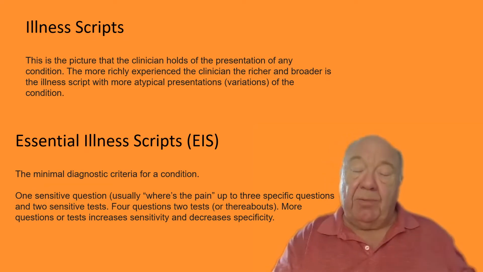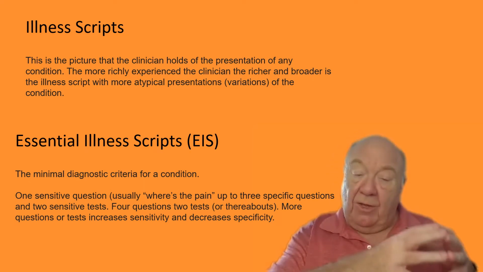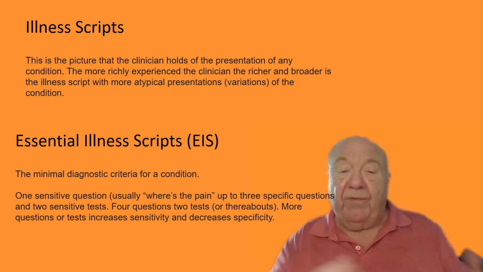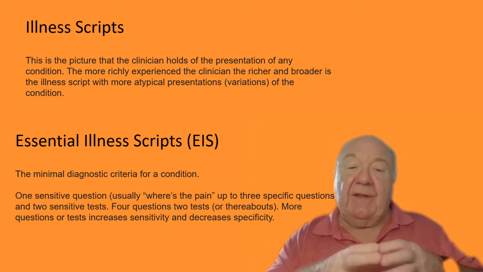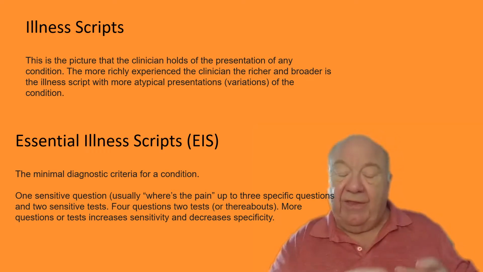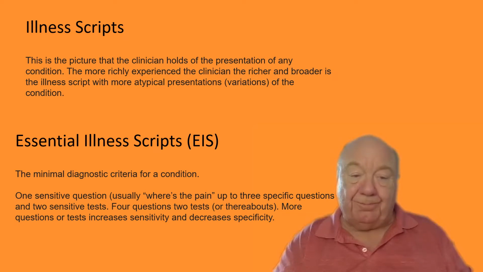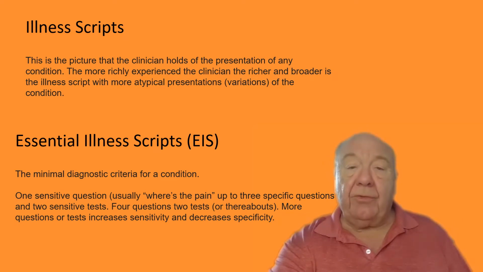You have to be prepared to change your hypothesis. You have to make the hypothesis when the first piece of information comes in, and it either gets stronger as more of the illness script comes in or it gets weaker. But you have to be prepared to change the hypothesis as soon as you get a better fit for the patient's signs and symptoms. So this is illness script and essential illness scripts.